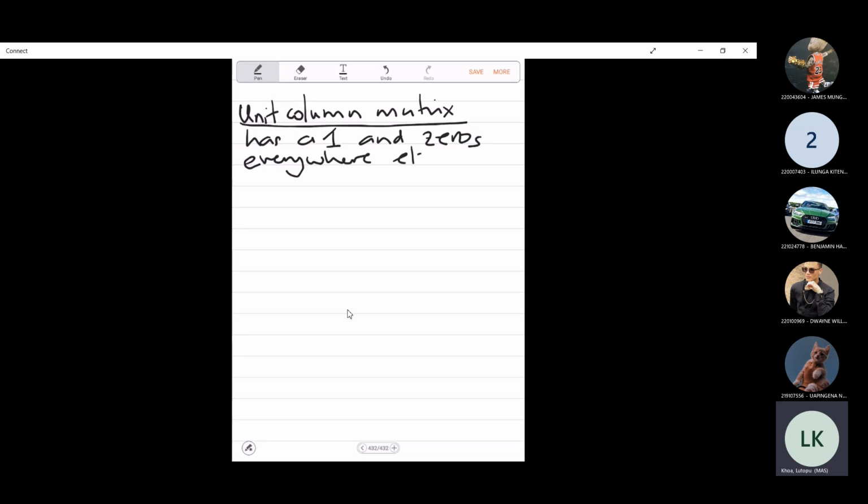So it's a column matrix. So it is one column, however many rows it has. There's only one number 1 in the column, and all the other entries in the column are zeros.